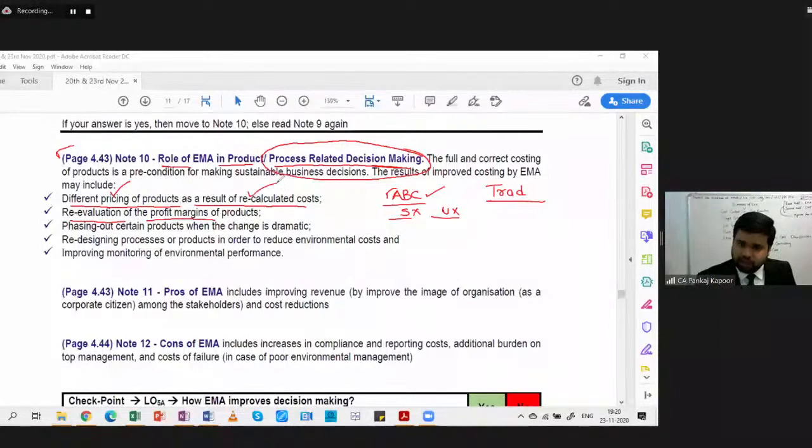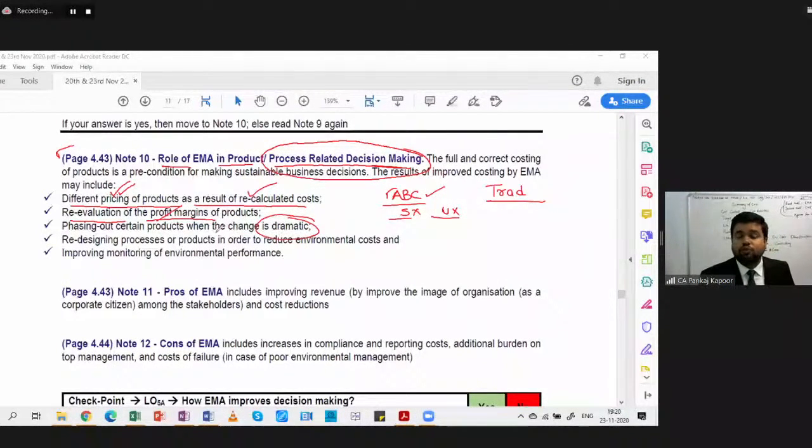Once you recalculate the cost after including the environment cost in the cost of production, you must also revise its price. Not only the price of the product, you must also ensure that your profitability margin is maintained. And it may be possible that the cost of certain products changes dramatically.